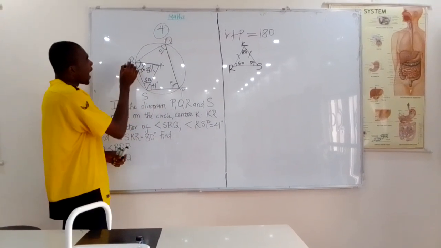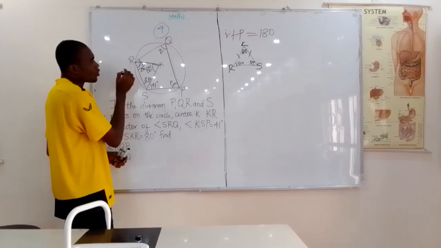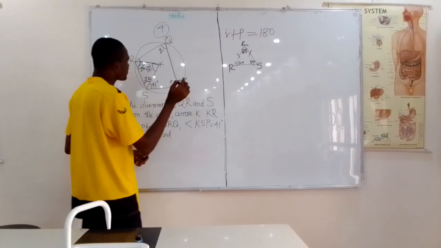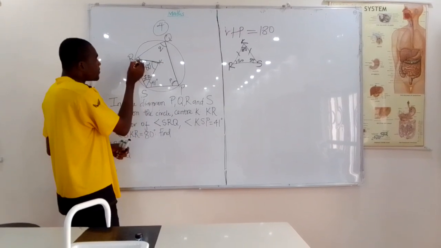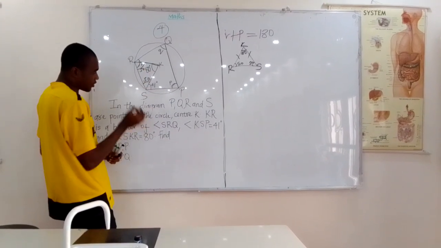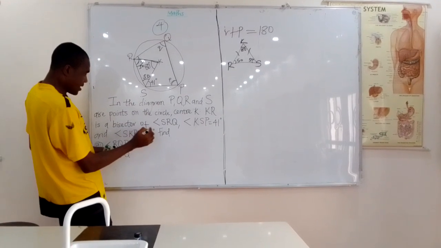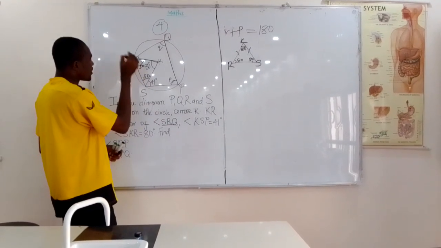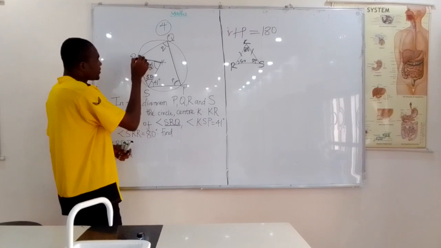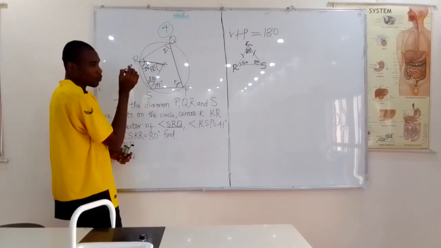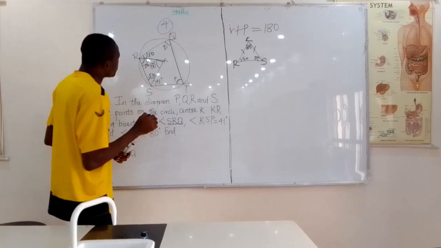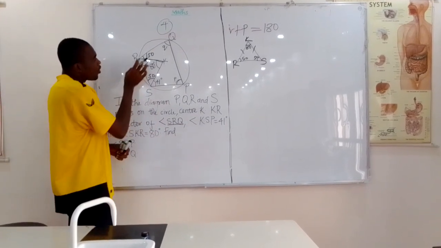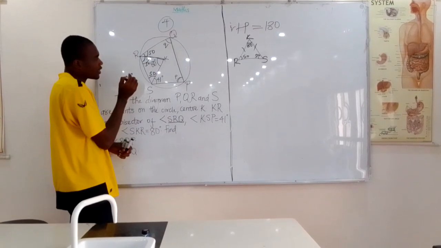But you know, RK is a bisector of angle XRQ. Line RK, the radius of the circle, is a bisector of the angle, as we are given. That means it's dividing this angle into 2 equal parts, so here also is going to be 50. Now, opposite angles of a cyclic quadrilateral are supplementary.